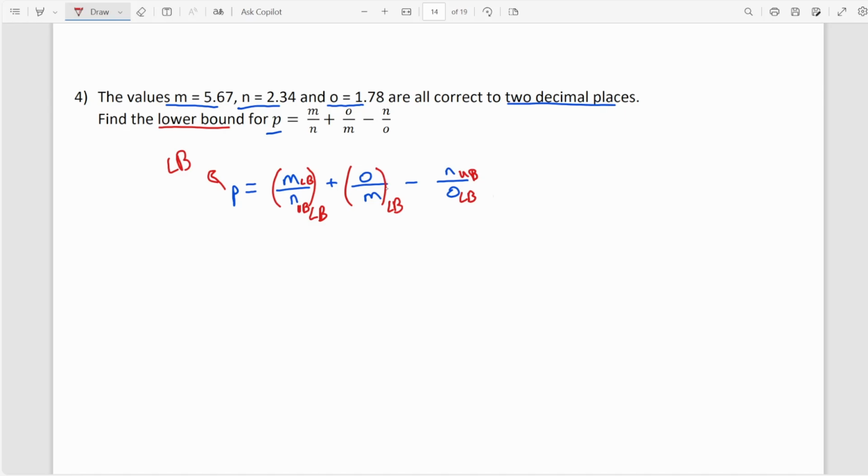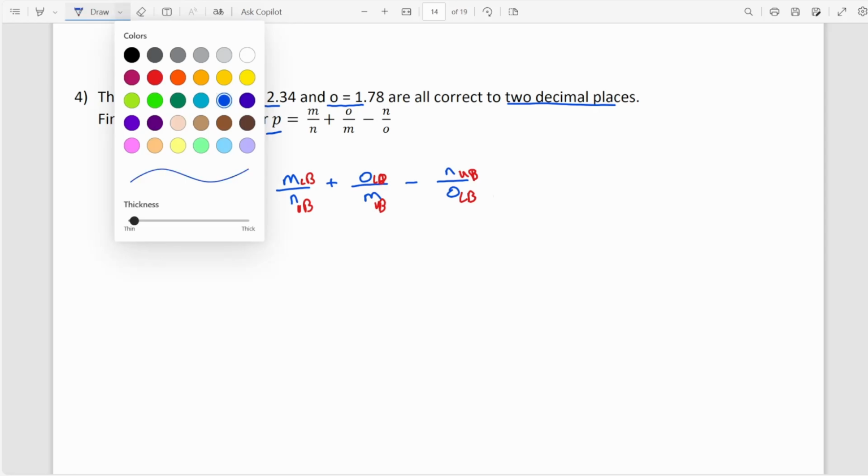And also for o over m, you want the lower bound, which means you want the lower bound for o and the upper bound for m. Just let's do a little fixes here and there. And that is it. So again, lower bound, upper bound, lower bound, upper bound, upper bound, lower bound. And that's it. Now let's go ahead and find each of the bounds.